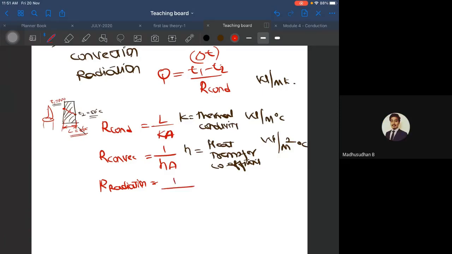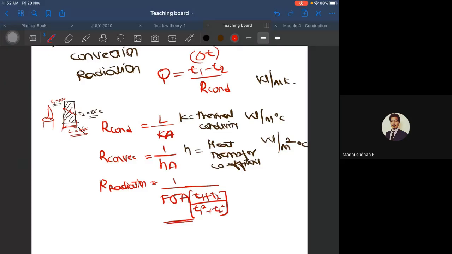It is 1 divided by F sigma A, multiplied by (T1 plus T2) times (T1 square plus T2 square).